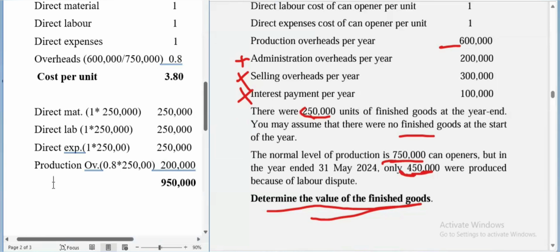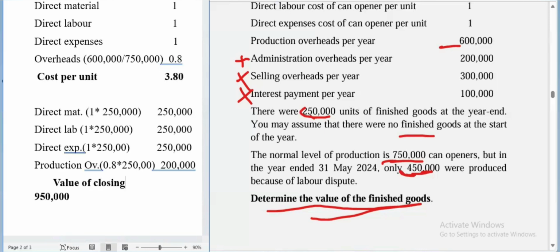Don't forget. Let me name it: value of closing inventory.